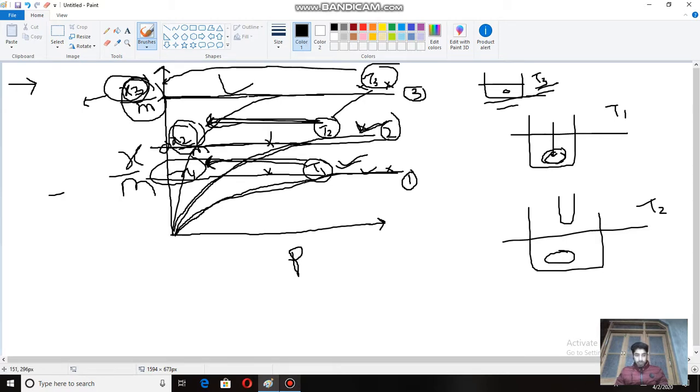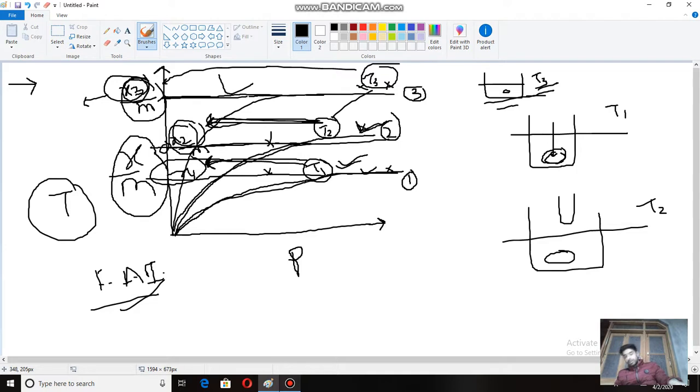So this type of graph is the first graph for the Freundlich adsorption isotherm. It is the graph between the amount of adsorbate that is adsorbed versus the pressure.